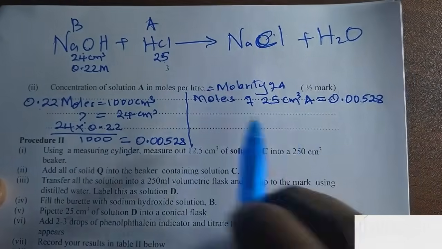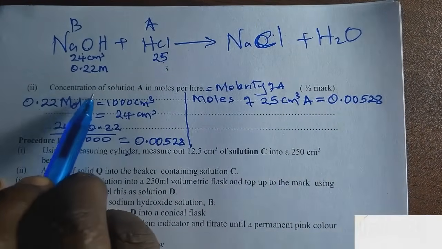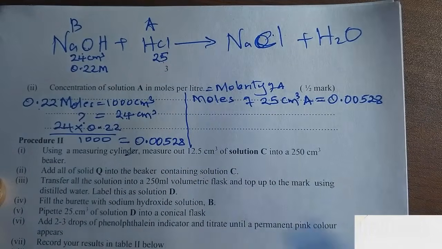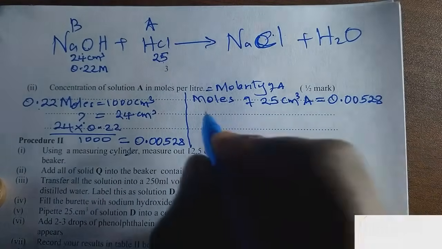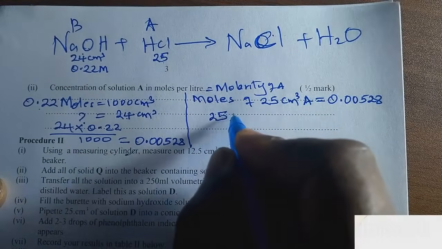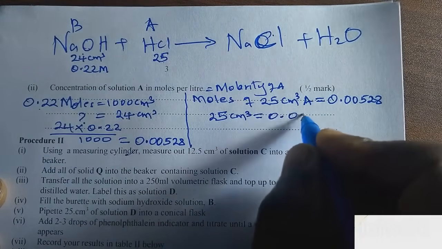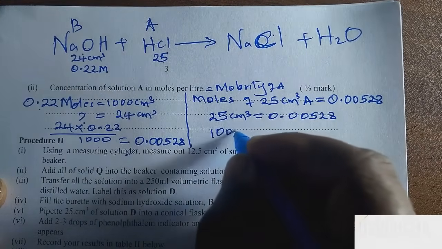So now we have moles in 25 of A, but we are asked concentration, and that is molarity. Molarity is the number of moles in a liter. Therefore, you ask, if this is in 25, what about a liter? 25 centimeters cube is equal to 0.00528. So what about 1000 centimeters cube?